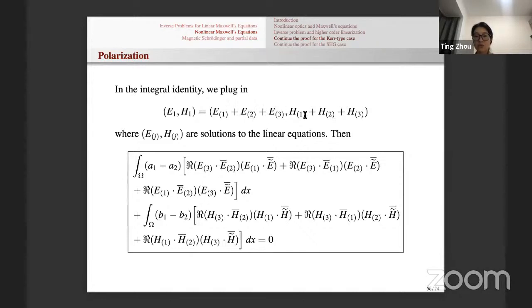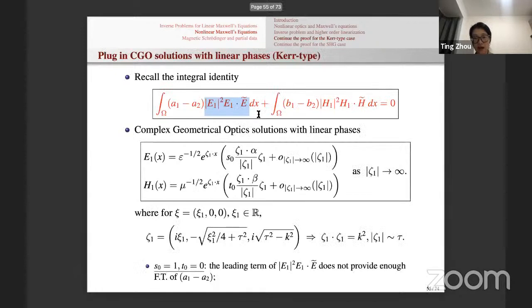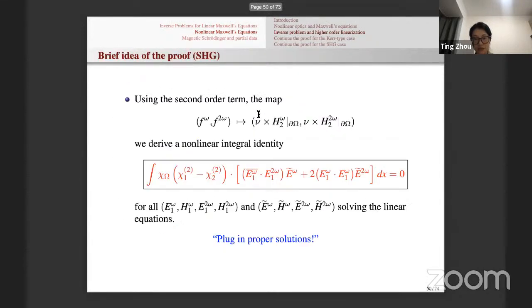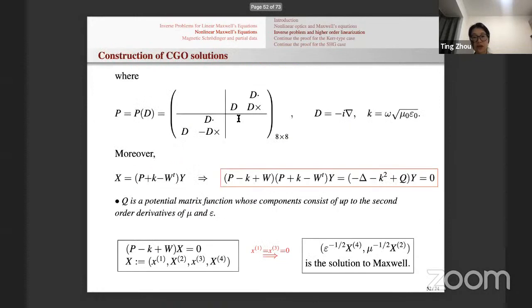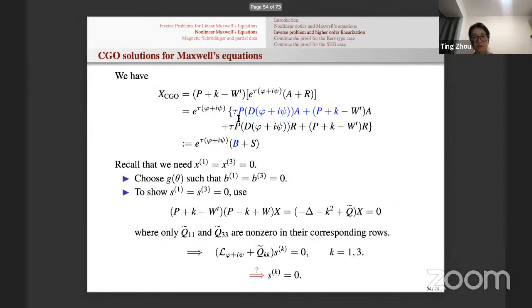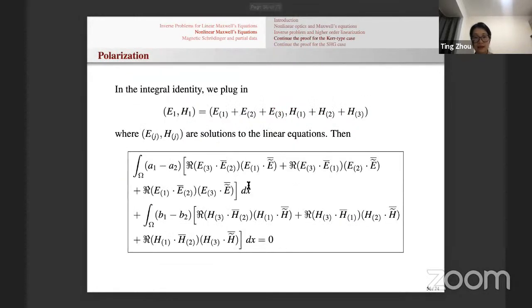But what you're really doing here is that in the expansion, instead of taking only a single source, you can take 3 sources, F1, F2, and F3, to have different directions of perturbation, so you can get the same kind of integral identity as here.